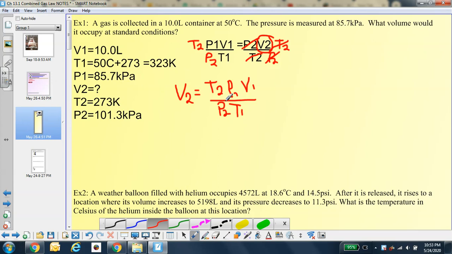And it doesn't matter the order of T2, P1, and V1 as long as those are in the numerator. And it doesn't matter if you've got T1 and then P2 down here in the denominator as long as both of them are in the denominator. So the next thing we're going to do is substitute the values in for our known variables. And we always want to include our units.